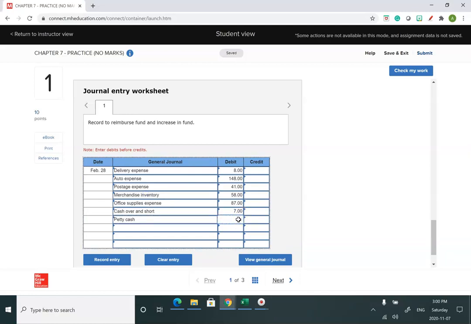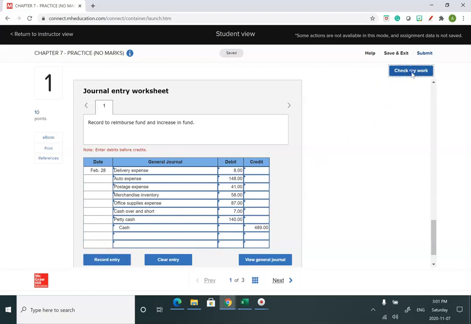We want the petty cash fund to be 500 now, so take 500 away from 360 and that'll give you 140. And now we're going to record cash on the other side and just add all of this up. That will give you your credit, and that would be 489. And I'll record this entry.